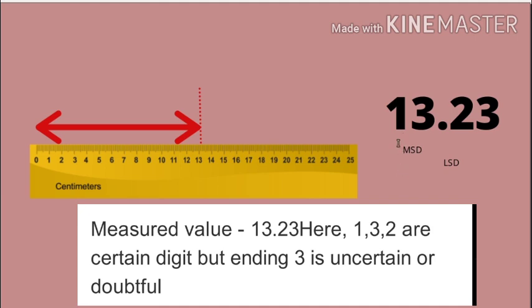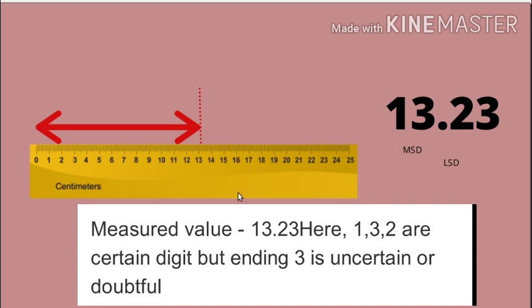So here I can tell you that 1 is the MSD. MSD means most significant digit, and the 3 is the LSD. LSD means least significant digit. What do you understand from this scenario?